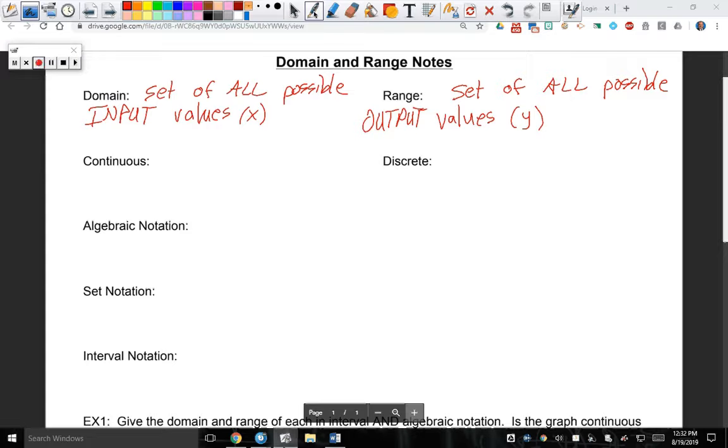Alright, so now let's move on to what we were talking about last class, dealing with continuous. A continuous graph is an unbroken line or curve, underline curve, because a lot of them are not lines.